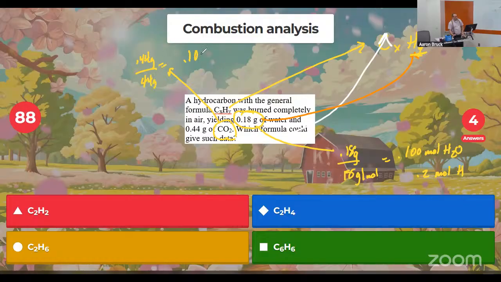That's 0.1 moles of carbon dioxide, which would be 0.1 moles of carbon. Now I've got my ratio. Carbon 0.1, hydrogen 0.2. I recognize that they are a 1-to-2 ratio of each other. I look for the compound that is also a 1-to-2 ratio.